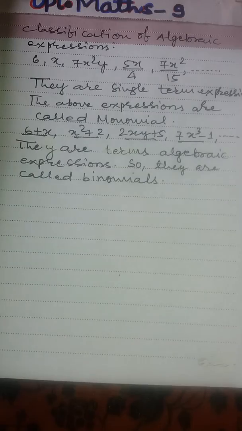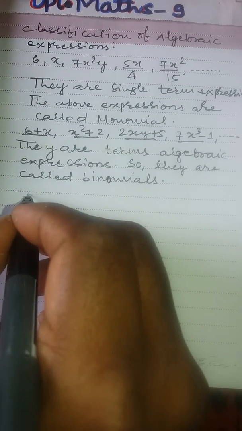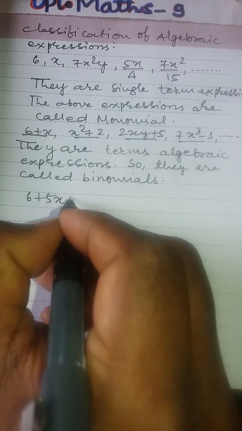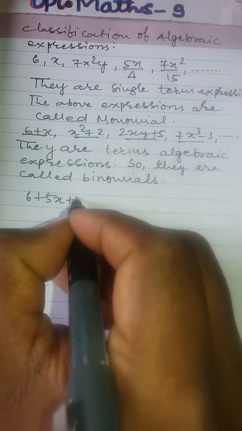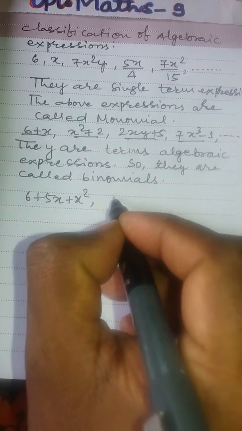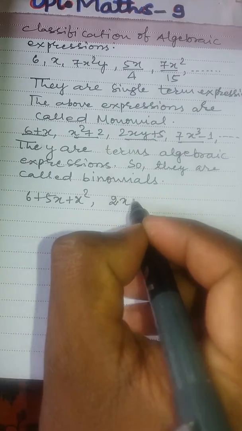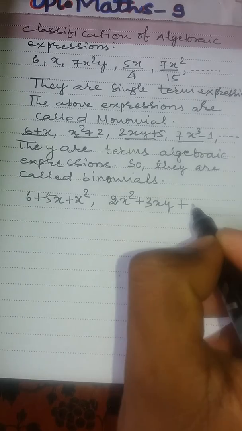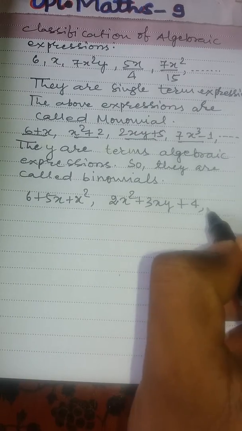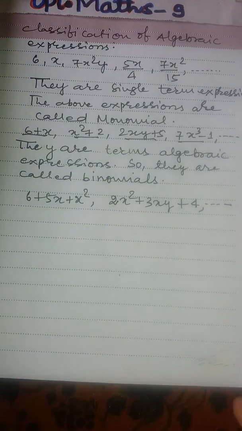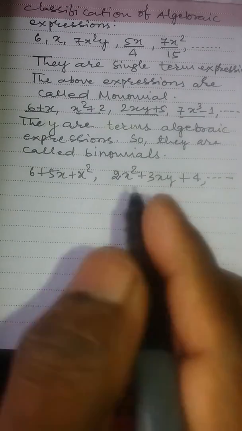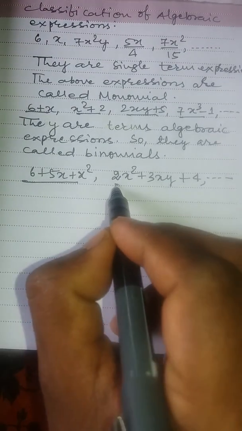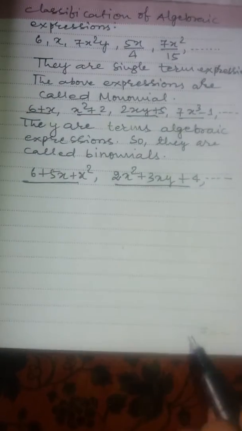Let's see, if there are three terms, then what will happen? Here are 6 plus 5x plus x square and 2x square plus 3xy plus 4, etc. These are also algebraic expressions.